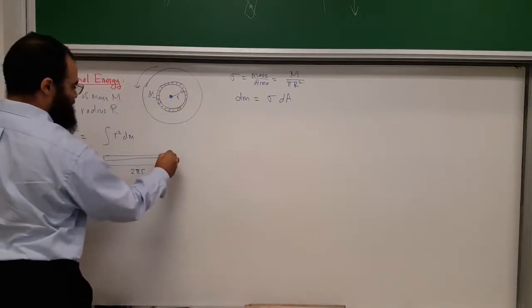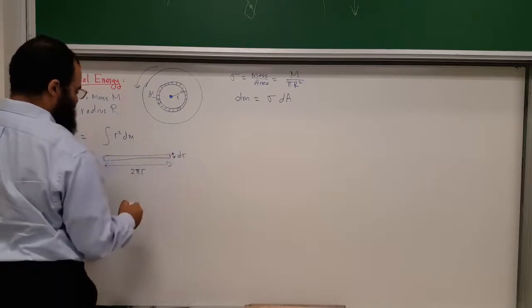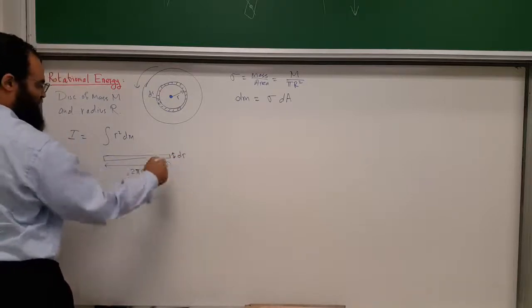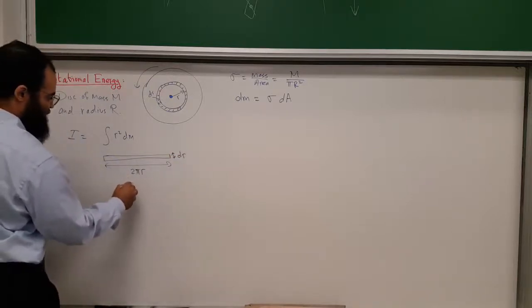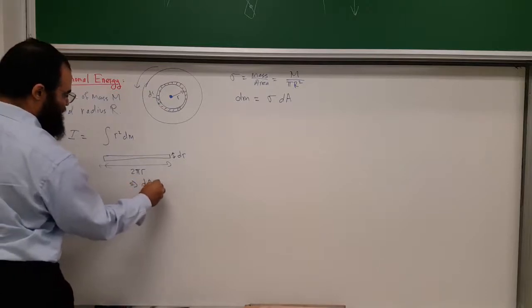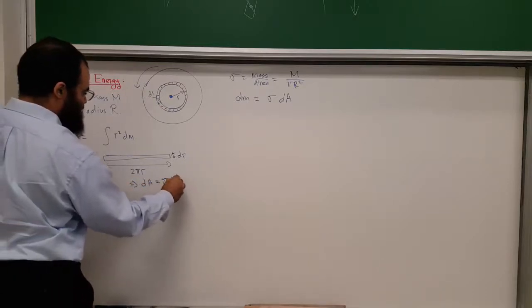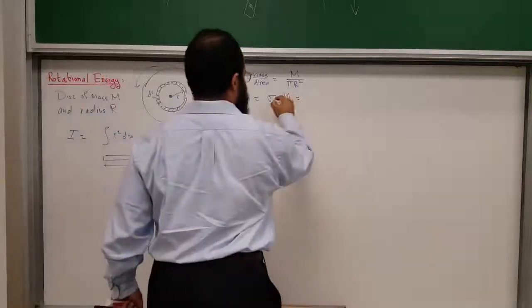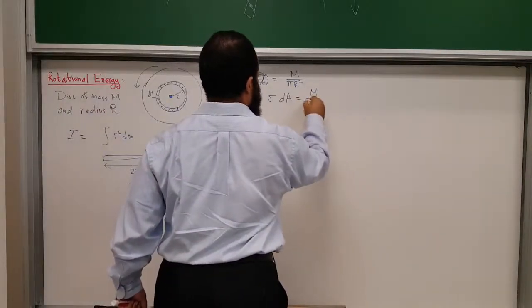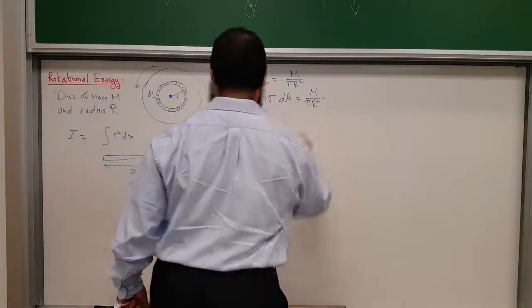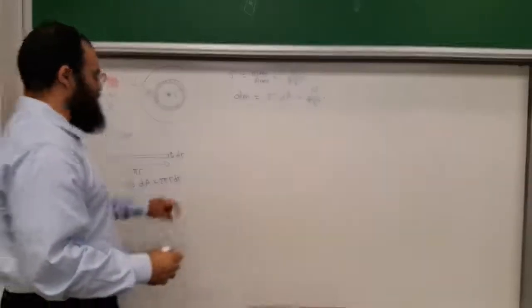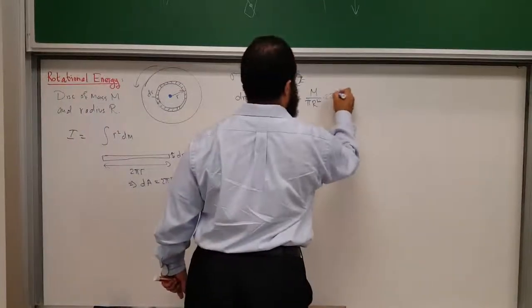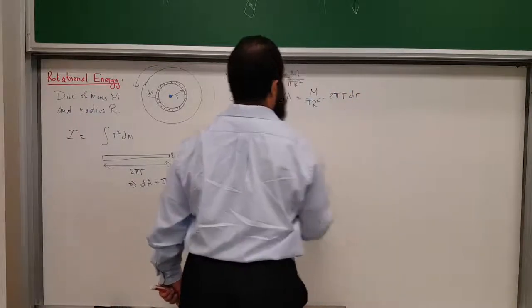And the thickness is dr. So what's the area? Length times width, that's dA. So dA will be 2 pi r dr. And so dm would be sigma, which is capital M over pi capital R squared, times dA. But dA is 2 pi r dr.